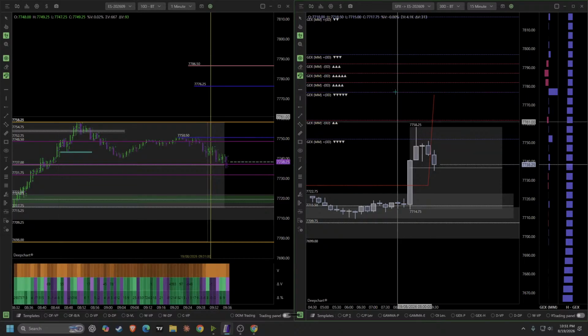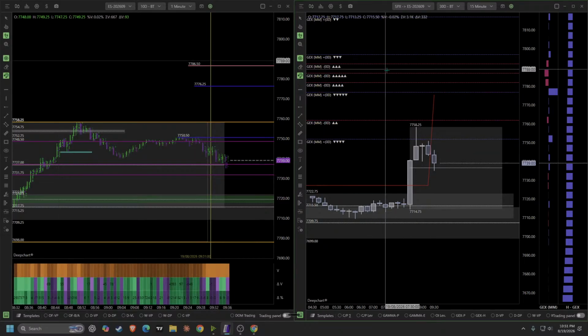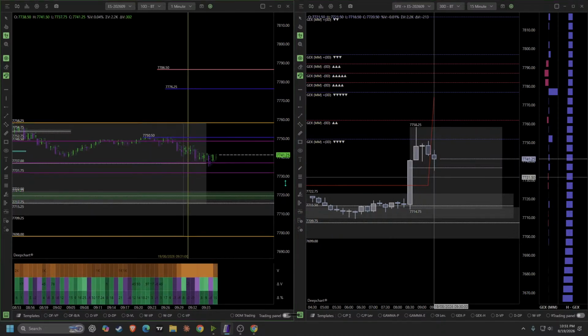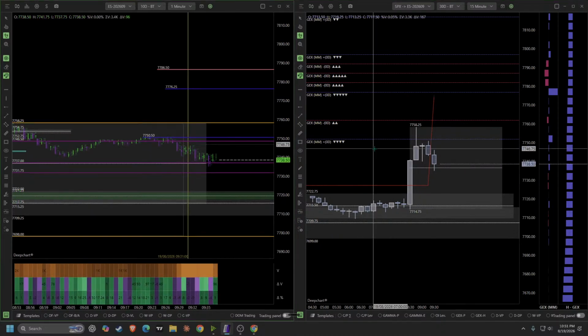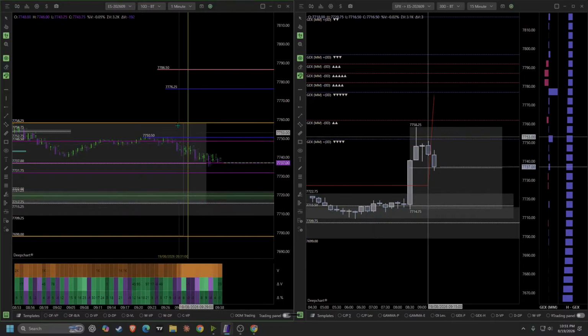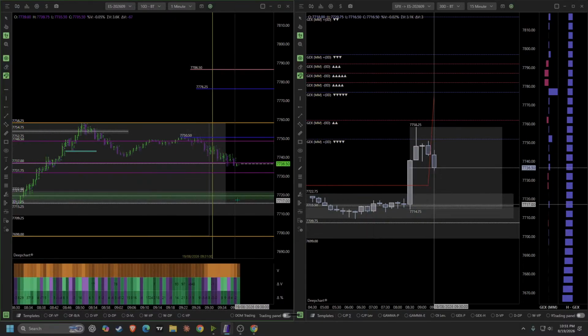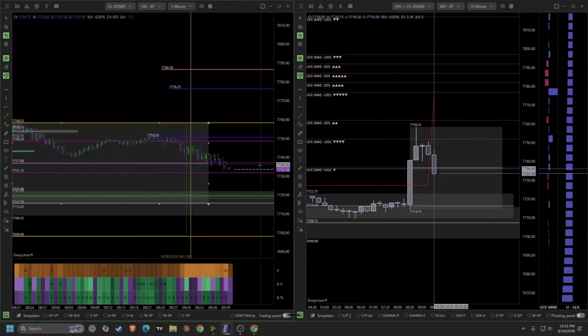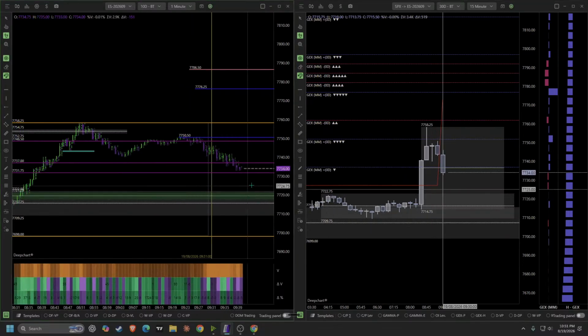So these levels move as well. So once we get to our location down here or maybe up higher, we'll make a decision on a trade. But for right now, we're waiting.